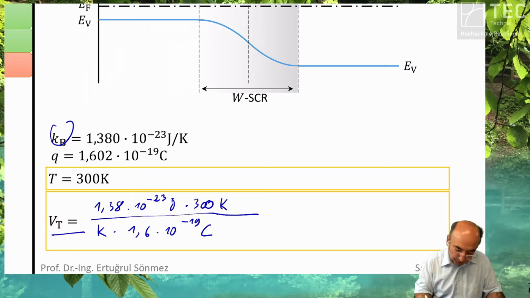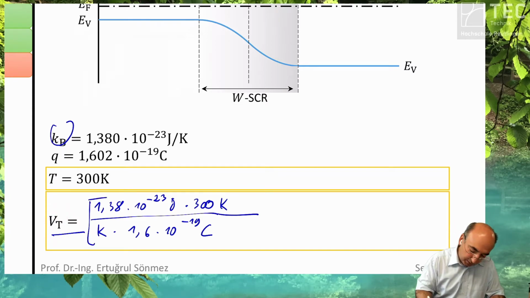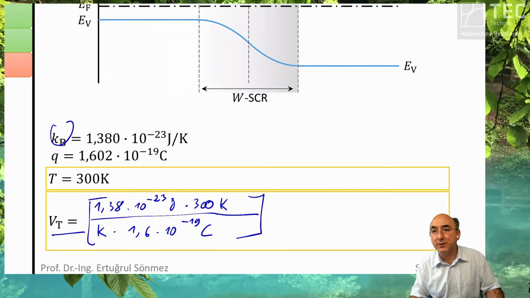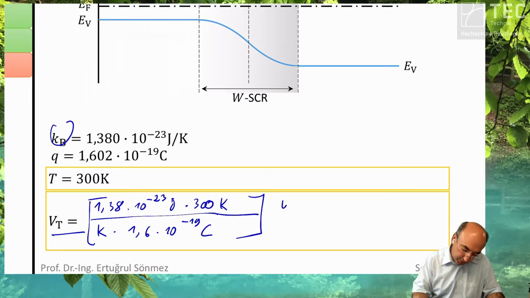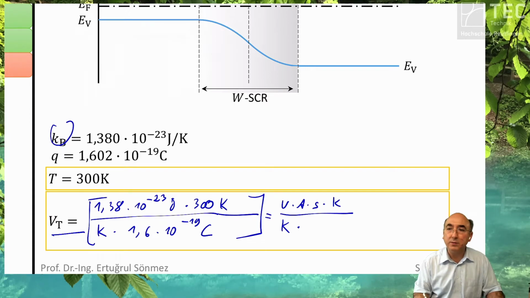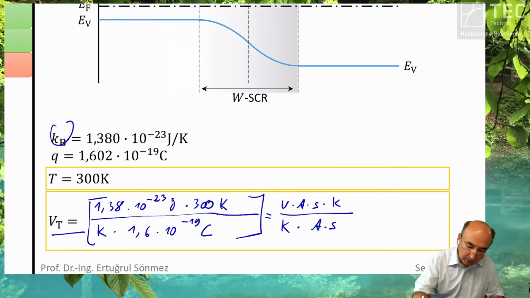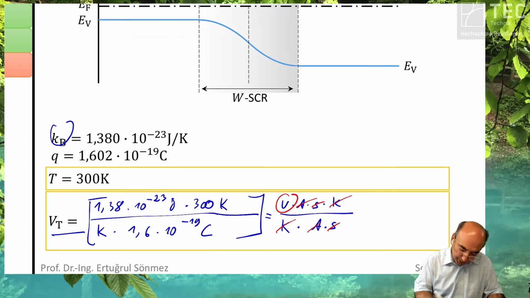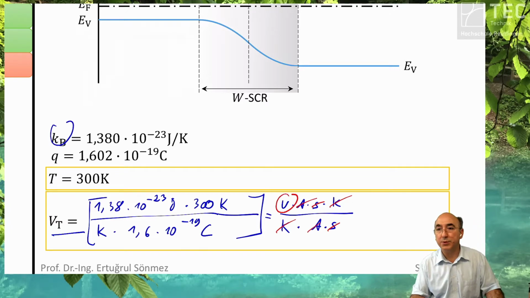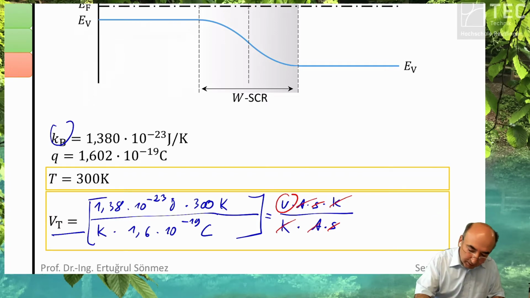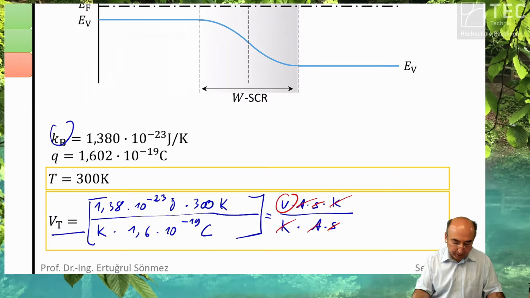So let's take a look at the units of this equation. Joule is volt ampere second. Kelvin divided by Kelvin times coulomb is ampere second. So now you have the required unit out of this equation. It is a voltage.